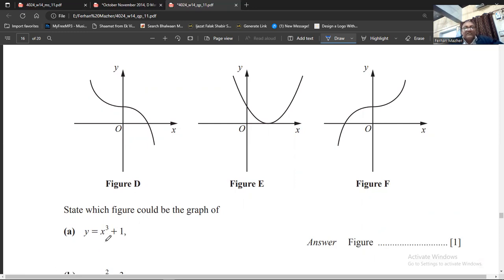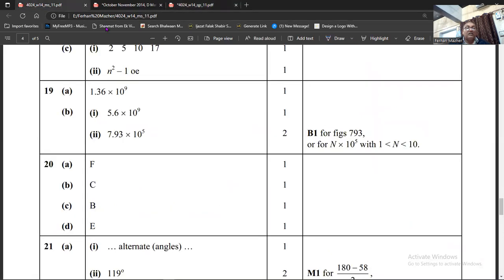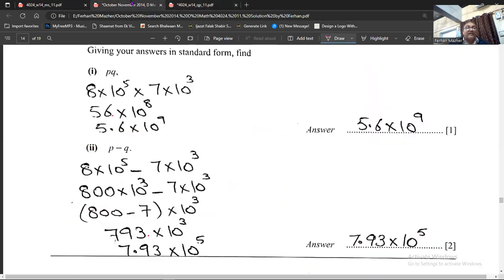When you put x equals 0, y will be 1. And as x becomes a smaller negative number, y also becomes a smaller negative number. So I think F is the answer. This graph fulfills these demands. F is the right answer, sir.